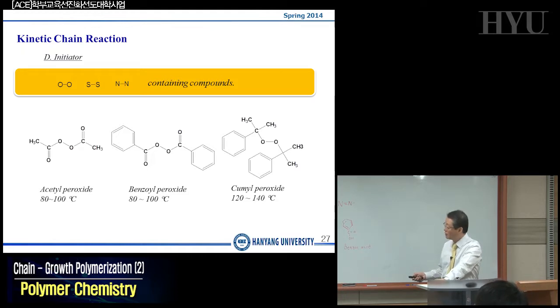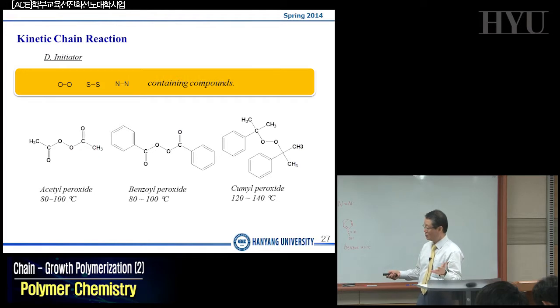Okay. Now the number here, below this name, is the decomposition temperature. So if you increase your temperature to the temperature that's written in here, 80 to 100, or 120 to 140, then the peroxides decompose and become two radicals because of the symmetric structure of the initiator.